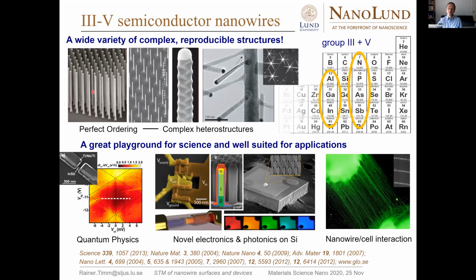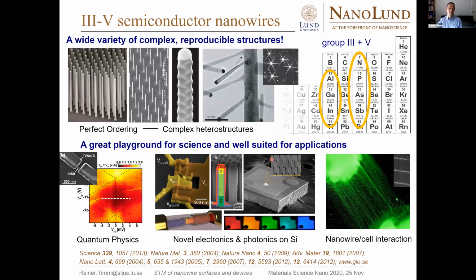And in our case here in Lund, we choose materials from group 3 and group 5, so that we have alloys such as indium arsenide, gallium arsenide, also nitrides for growing these structures. And with these 3-5 semiconductors comes along a variety of applications, mostly in electronics and optoelectronics. That's what I will focus on here today.